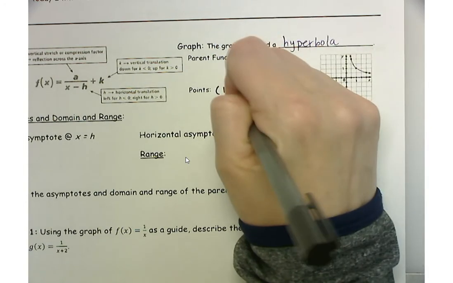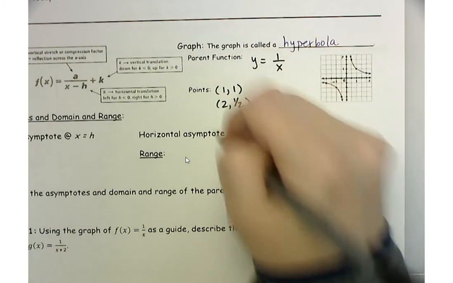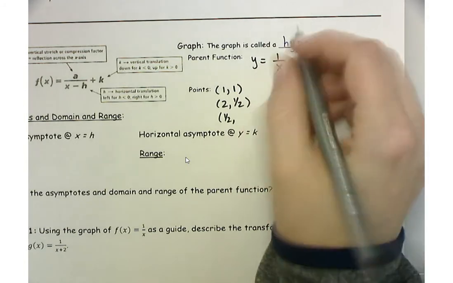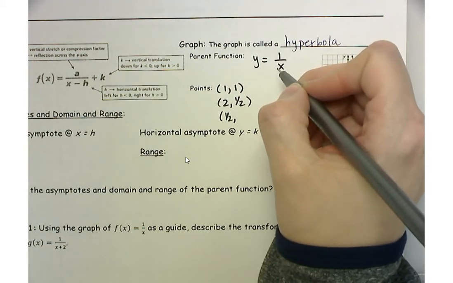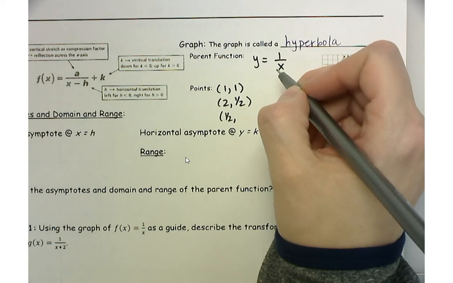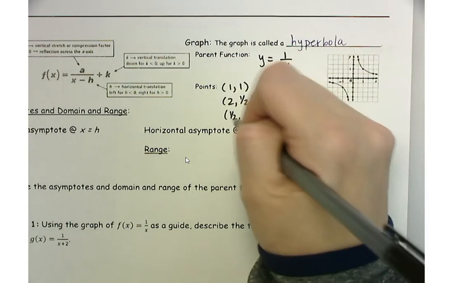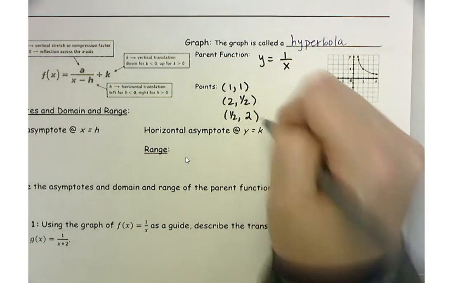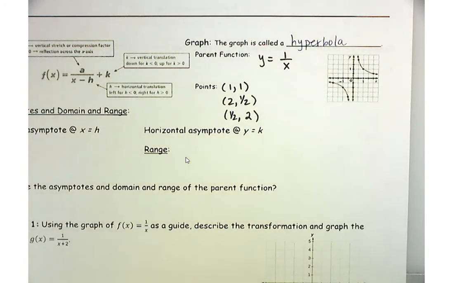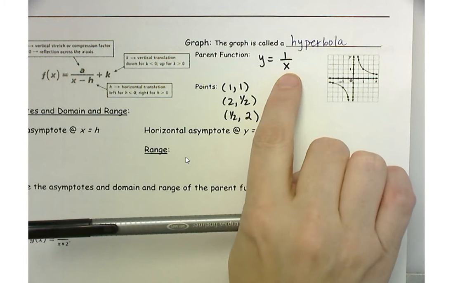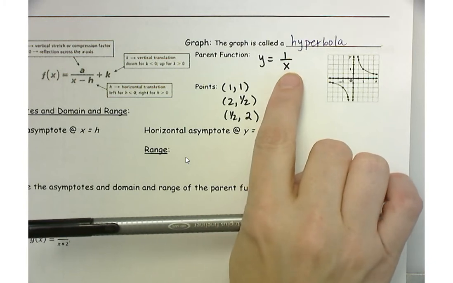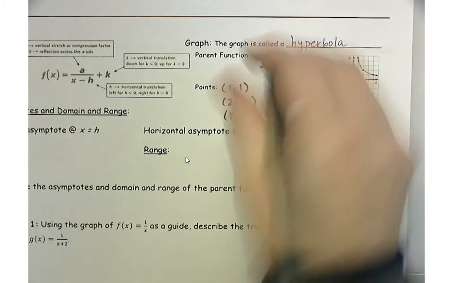If I plug in 1/2, what's 1 divided by 1/2? 2. Because really, if you have 1 over something, isn't it just the reciprocal? So the reciprocal of 1/2 is 2. Now, just like with inverse variation, remember, wasn't this the form? The negatives are going to create the other branch.